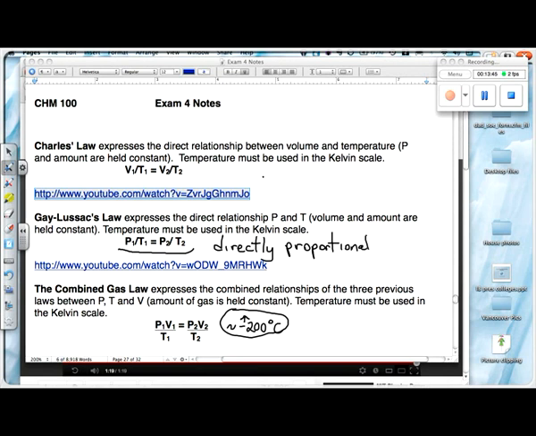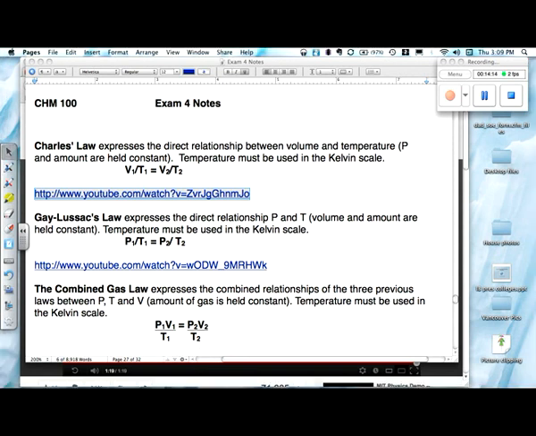So in the case of Charles' law, we were dealing with volume and temperature, so therefore amount and pressure are constant. You don't have any information about those. And in Gay-Lussac's law, volume and amount are constant. All right, and in just a minute after we watch one more exciting video, we're going to put those three laws together into what's called the combined gas law. So let's watch one more video on these gases.